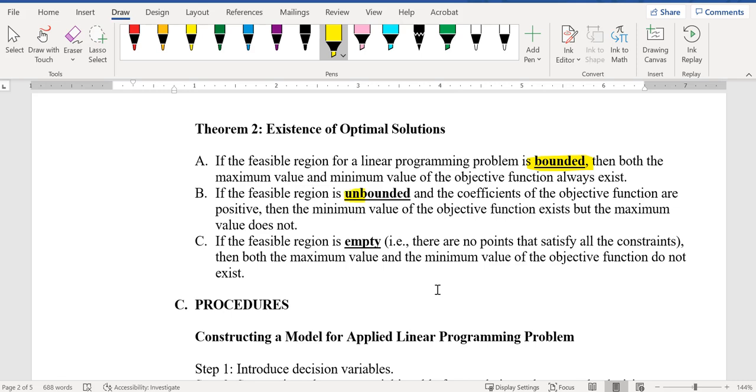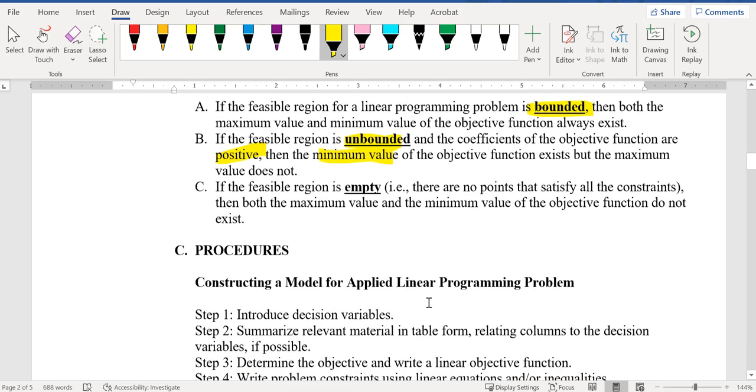If the feasible region is unbounded and the coefficients of the objective function are positive, then the minimum value of the objective function exists, but the maximum value does not. So that's if the feasible region is unbounded. And the last part, if the feasible region is empty, in other words, there are no points that satisfy all the constraints, then both the maximum value and the minimum value of the objective function do not exist.